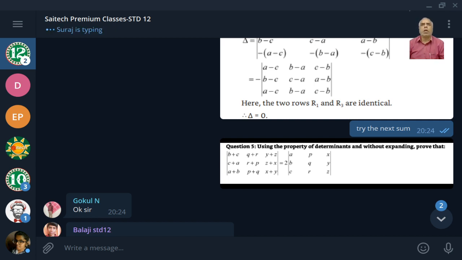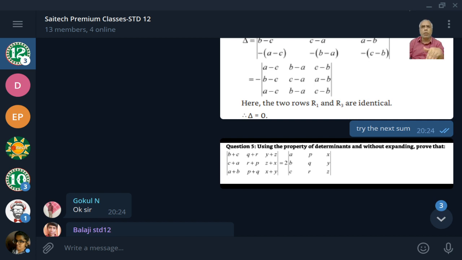The last row is a plus b, p plus q, x plus y. So retaining the other elements, you can split the third row alone. Now what are the determinants you are able to get? b plus c, q plus r, y plus z. The same thing, second row, c plus a, r plus p, z plus x.